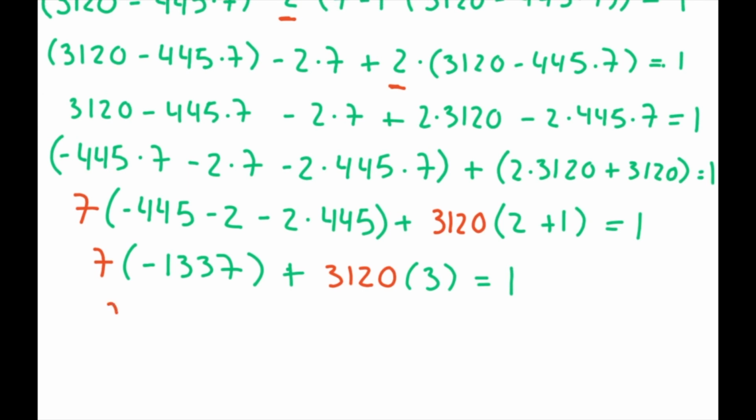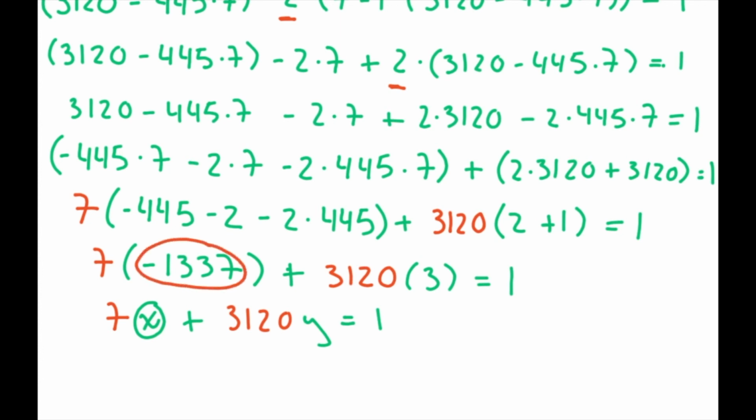And if you'll remember, the equation that we had was 7x plus 3,120y is equal to 1. And I said that the value of x is what we're really interested in. And so it looks like that value of x corresponds to negative 1,337.